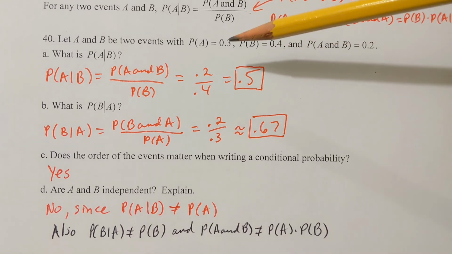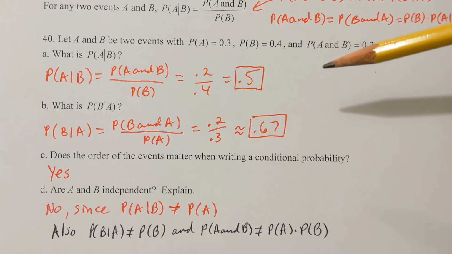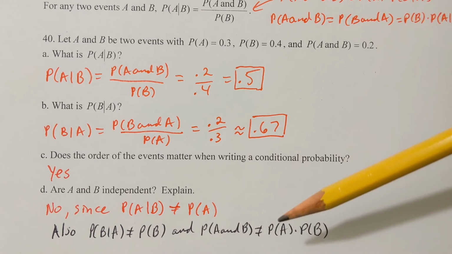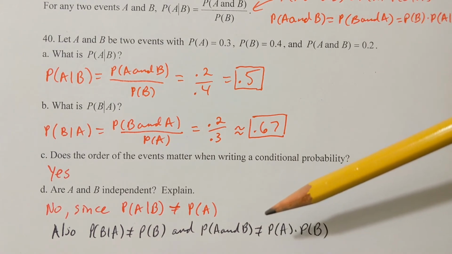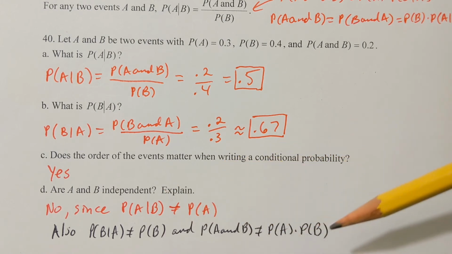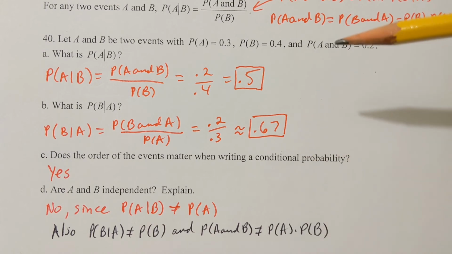Probability of A is 0.3. The probability of B is 0.4. So if I take 0.3 times 0.4, do I get 0.2? No, I get 0.12, okay, which is not the same. So if one is false, all three of these things are going to be false. If one is true, all three of these are going to be true, is kind of what I'm saying there.